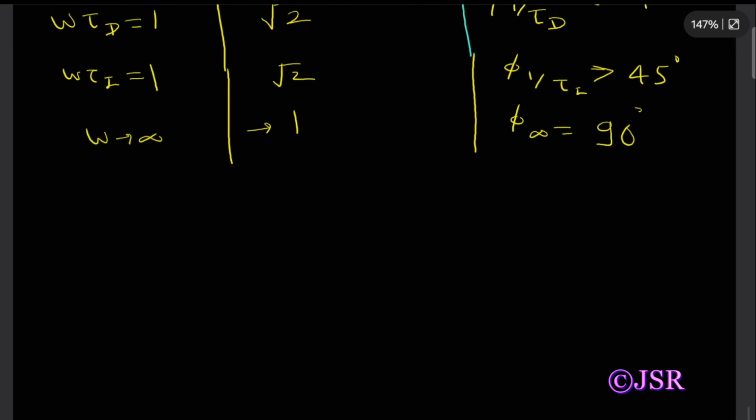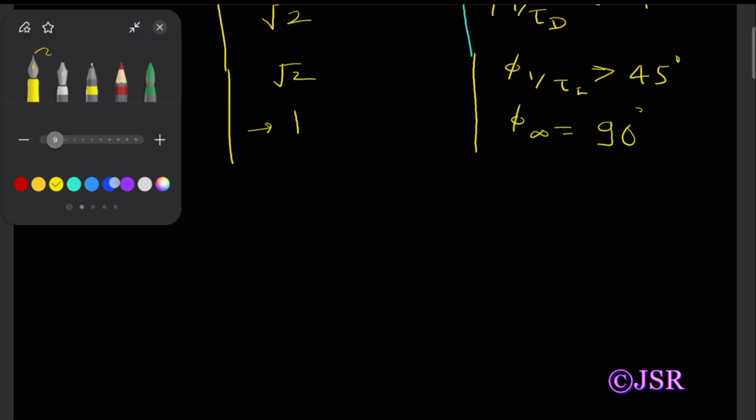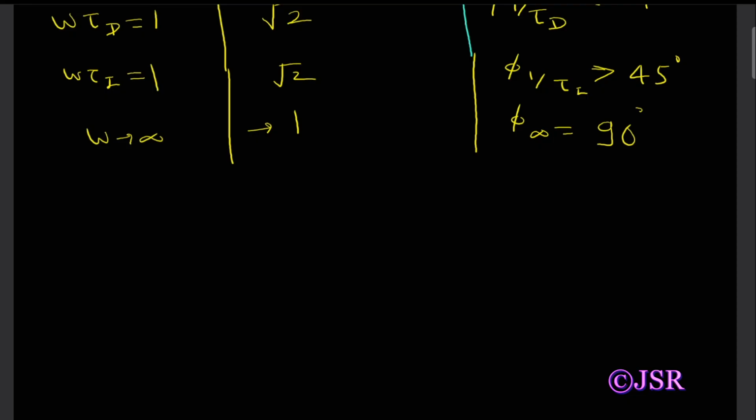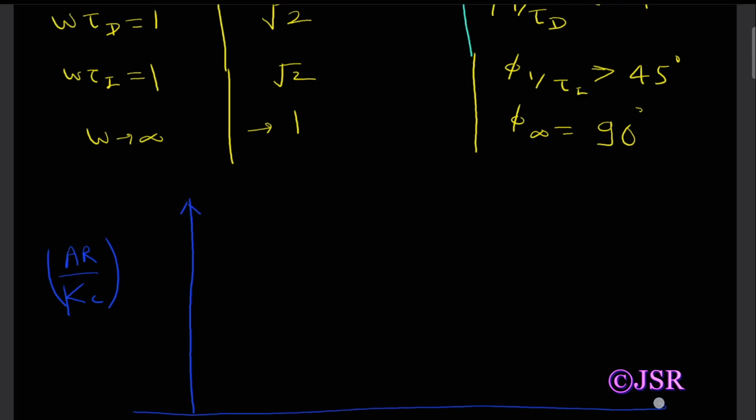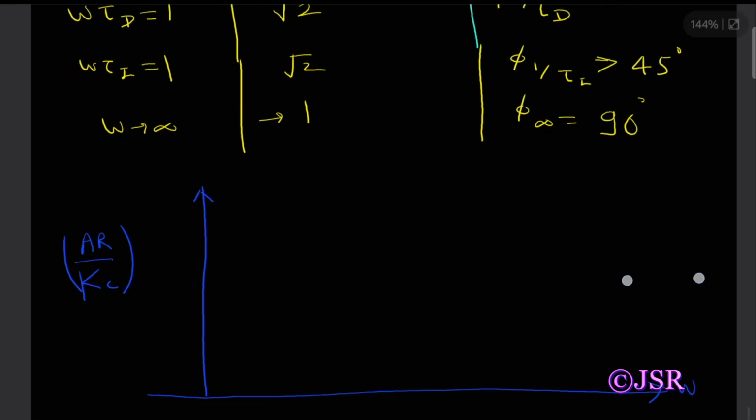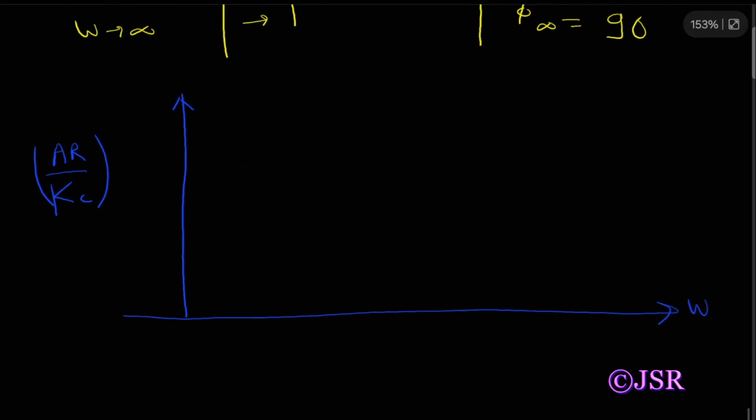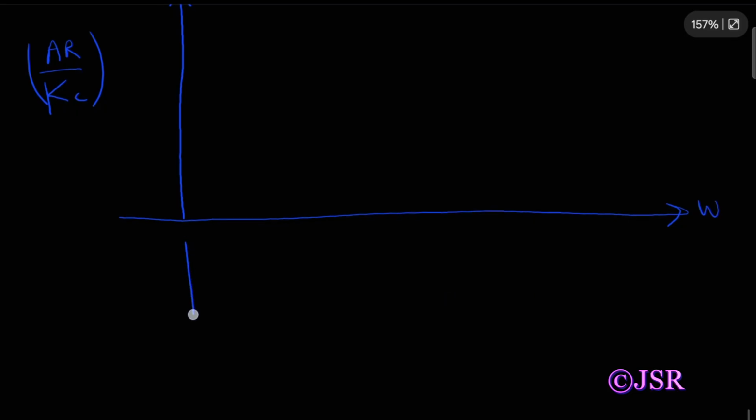So now we can plot the gain plot. So here we will have AR by KC on the y-axis, and this will be the omega axis. Here we will have the omega axis and the phi axis.